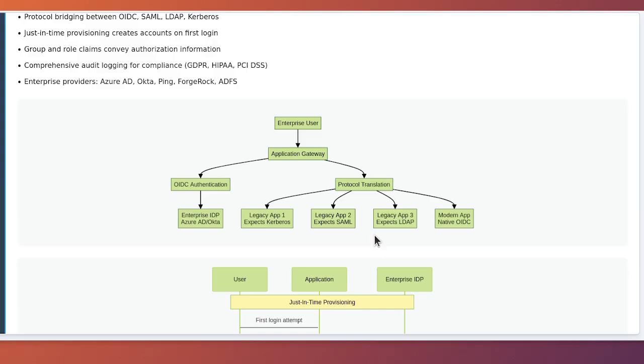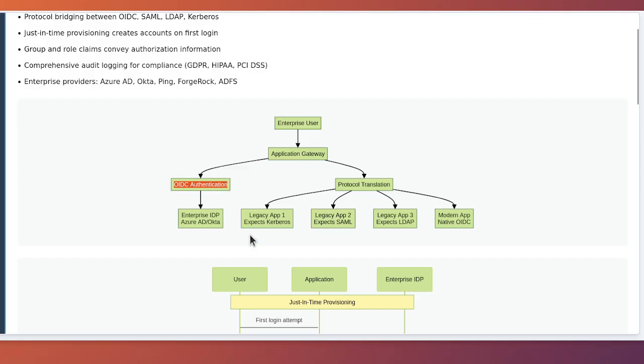Legacy application integration presents particular challenges when those applications weren't designed with modern authentication protocols in mind. These applications might expect authentication through LDAP, Kerberos, SAML, or proprietary mechanisms. Several patterns enable OpenID Connect integration with legacy systems.